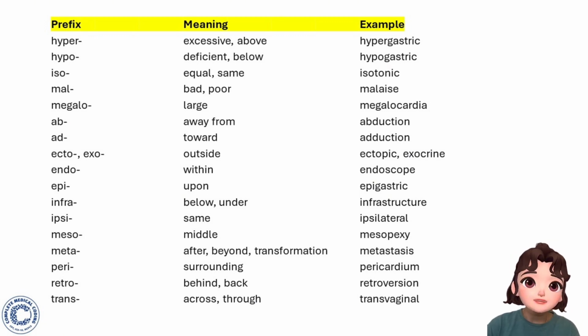Meta, after, beyond, transformation, all this for meta. Metastasis. Peri means surrounding, pericardium. Retro, behind or back, retroversion. Trans, across, through, transvaginal. This trans, retro is also important.